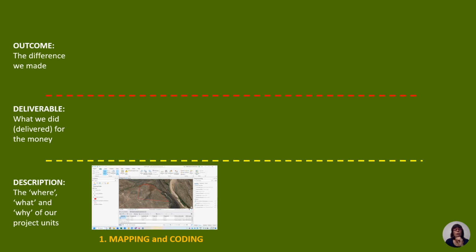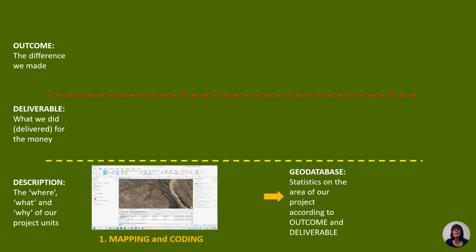With regard to the description, we have our mapping and coding system in place, and that geodatabase generates statistics on the area of our project, whether it's delivering on a vegetation, a land condition or a wetlands outcome, and the deliverable.